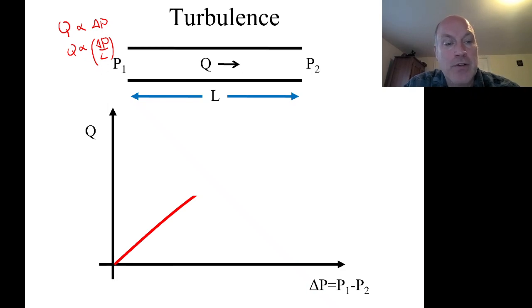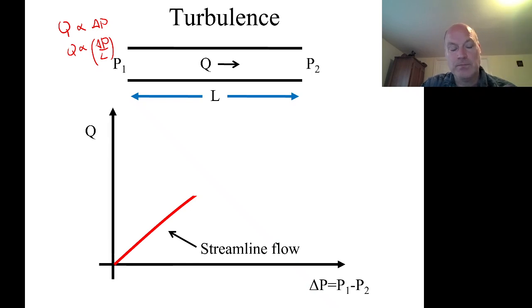And you could plot flow, volume flow rate, versus, this isn't pulsatile flow again, we're moving on to turbulence. So the volume flow rate versus pressure difference in a tube would follow a straight line if you were using Poiseuille's law. But Poiseuille's law won't go on forever. At some point, you might be trying to put too much flow, too much pressure difference, and things don't act linearly.